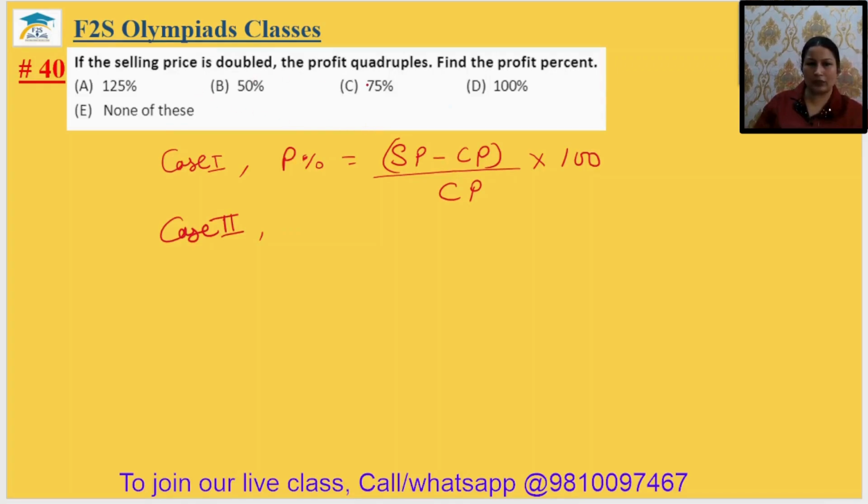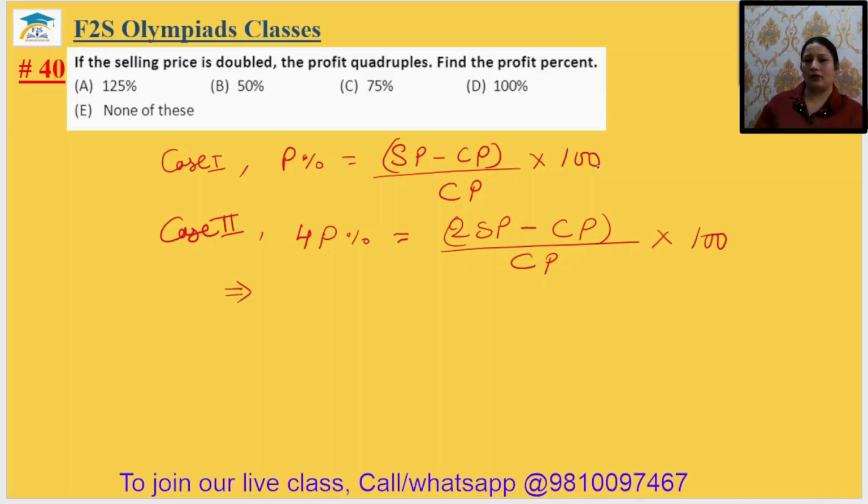Here the selling price is doubled and the profit is 4 times. So 4P percent equals, since SP is doubled, 2SP minus CP upon CP into 100, after dividing 1 and 2.